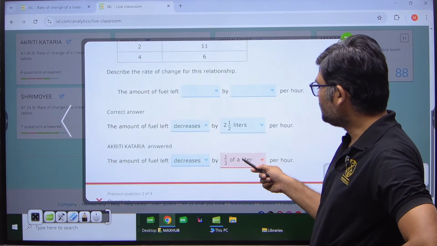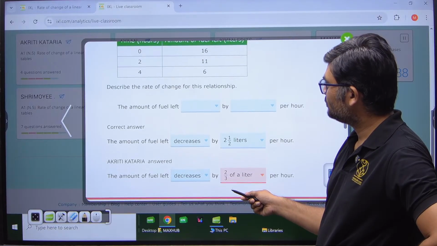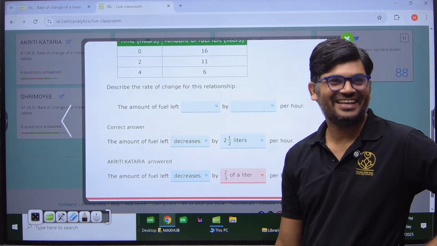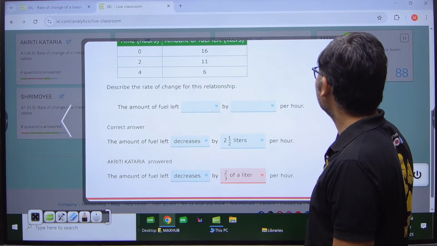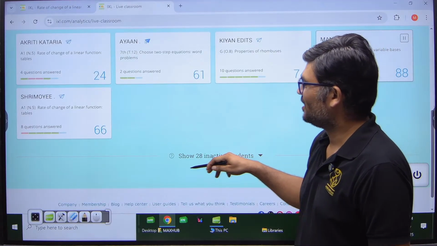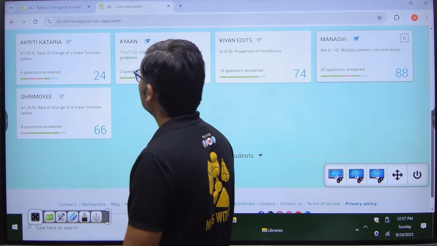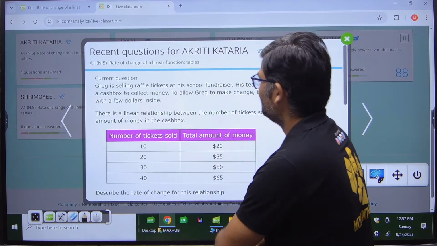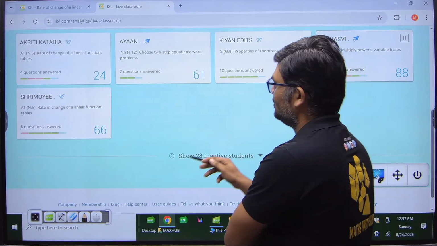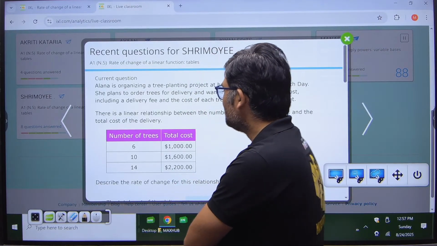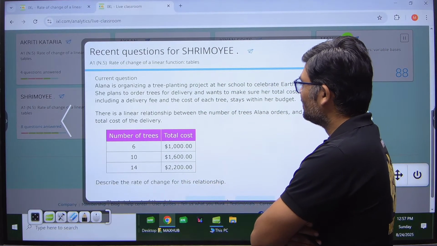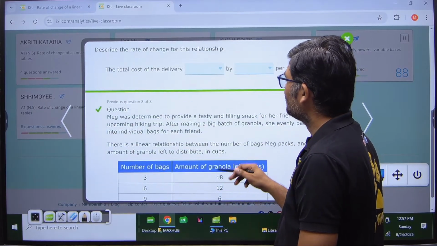How did you get 2 by 3 here? Sir, that was a misclick. They were very close together. The answers were one after the other, so I went like this. Okay. I can understand. Shrimoy is cracking all the questions so quickly. Good one, Shrimoy.